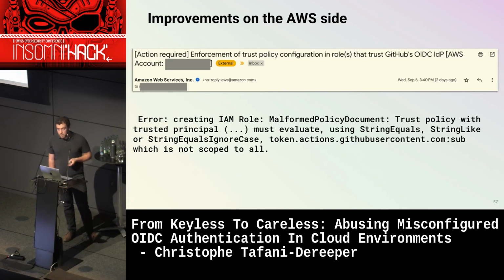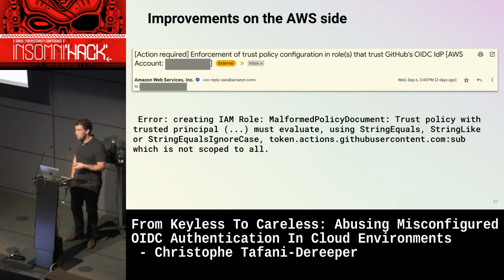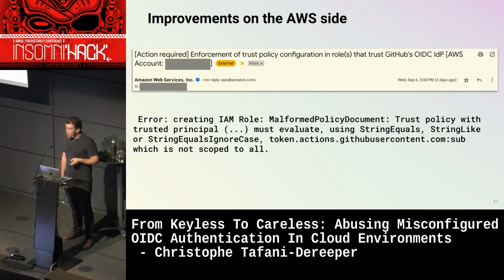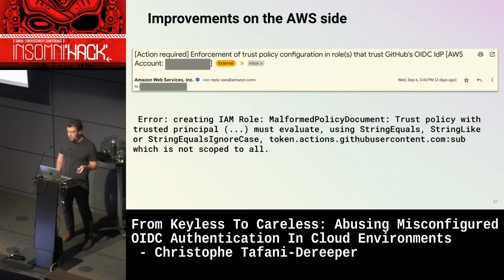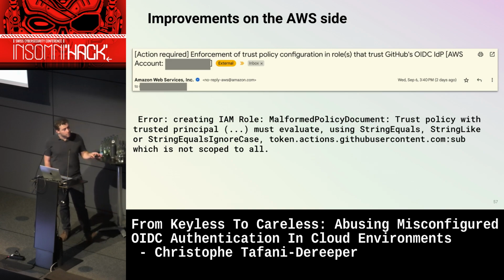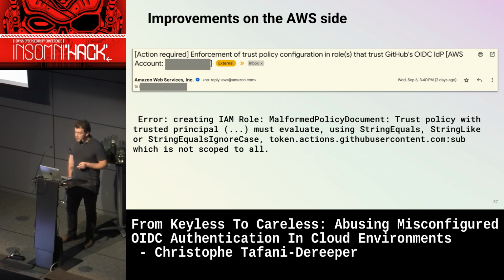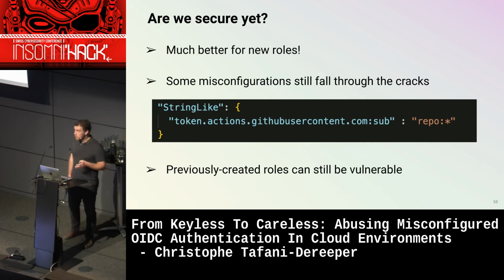AWS also sent an email to their customers. So if you had a vulnerable role, you got an email from AWS probably in early September. And when you try to create a role that's vulnerable, you will get this cryptic error message. You probably don't know what it means. It's very hard to read, but at least it's going to get blocked. So this is great. It's much better when you are creating new infrastructure, but it's not foolproof.